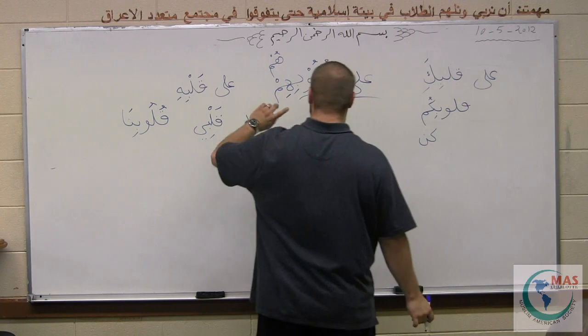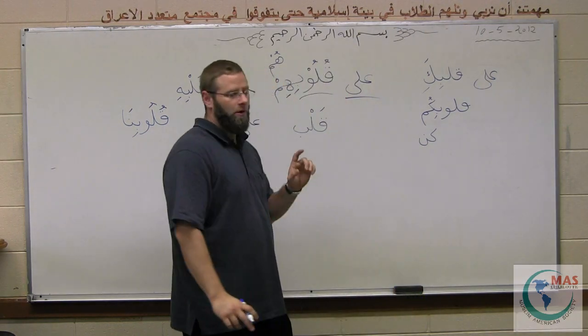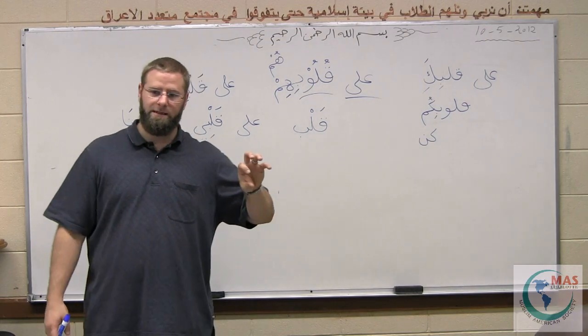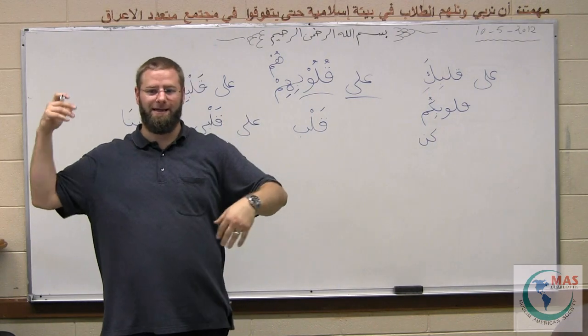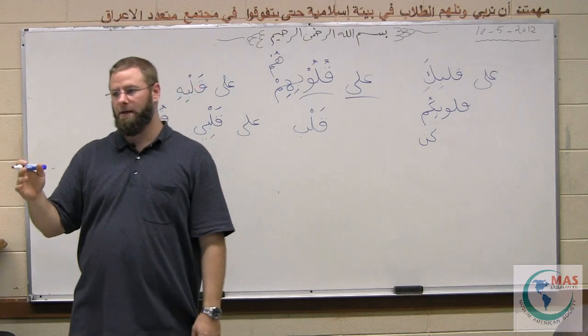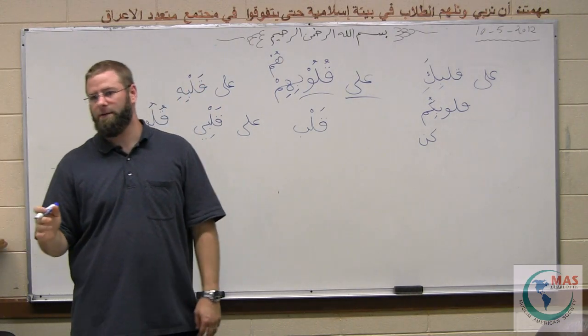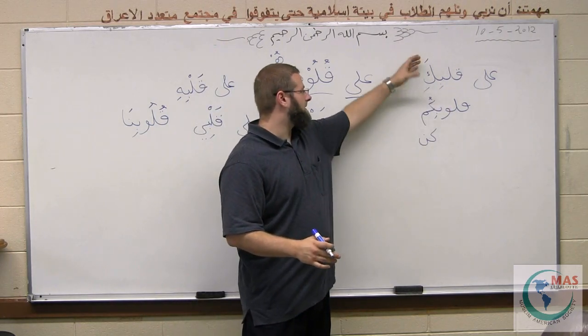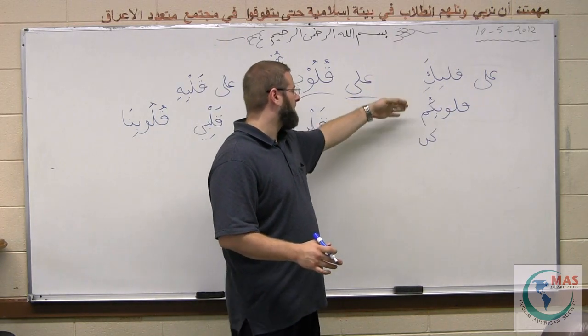So simply with the hum, huma, and hu, when you attach those, it's going to get affected by the kasra, he. Qalbihi, right? Qulubihim, right? But with these, it's going to stay kaf, because this is part of the pronoun.